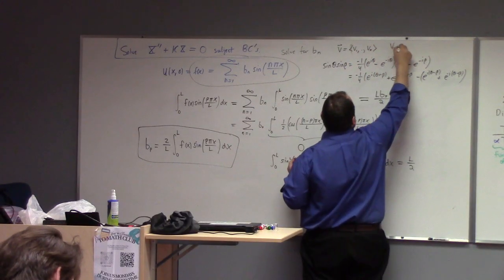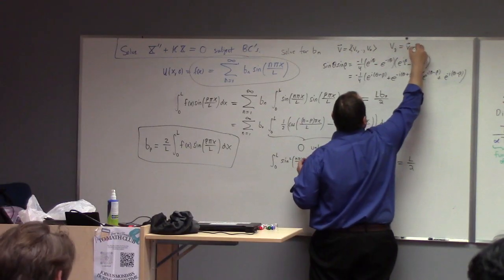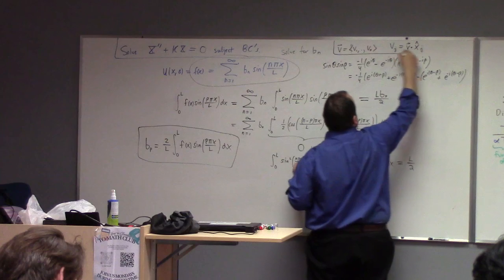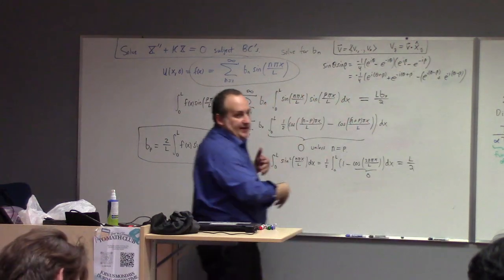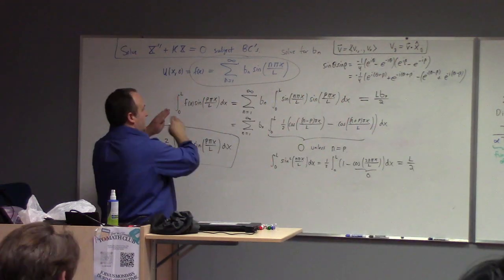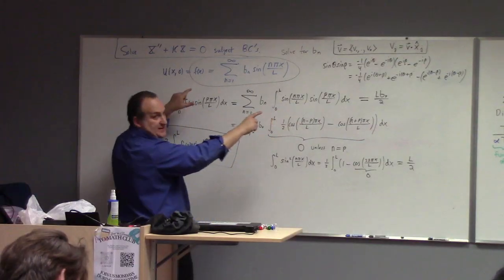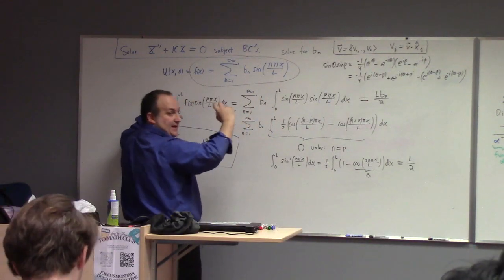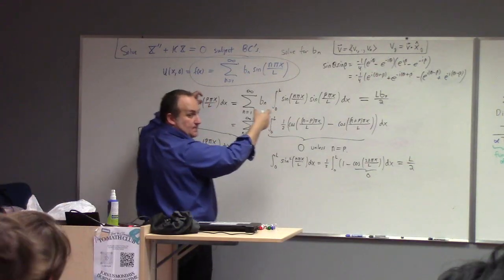So I know that vj is actually v dot x hat sub j, let's say, in my notation. And this is the analog of that. If we multiply both sides by sine of px, and then we integrate from 0 to L, that's like taking a dot product in function space.